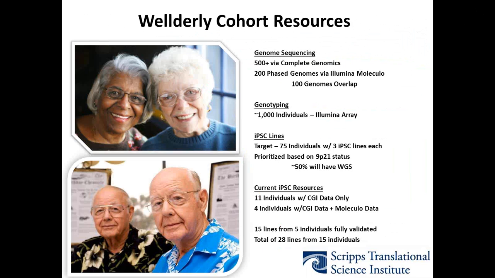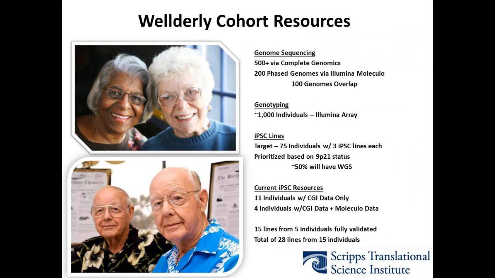So they haven't necessarily been selected for whether or not they have genome sequencing data, but about 50% of them will end up having whole genome sequence data. And currently, we have 11 individuals with iPSCs and Complete Genomics genome sequencing data, and 4 individuals that have both CGI and Illumina whole genome sequencing data.